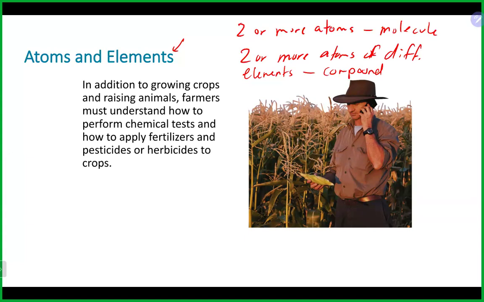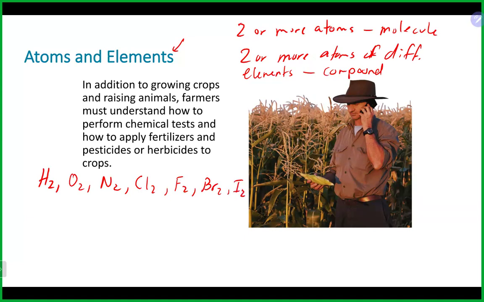So, for example, there is a list of certain elements that naturally come as molecules. That is H2 hydrogen, oxygen, nitrogen, chlorine, fluorine, bromine, and iodine.